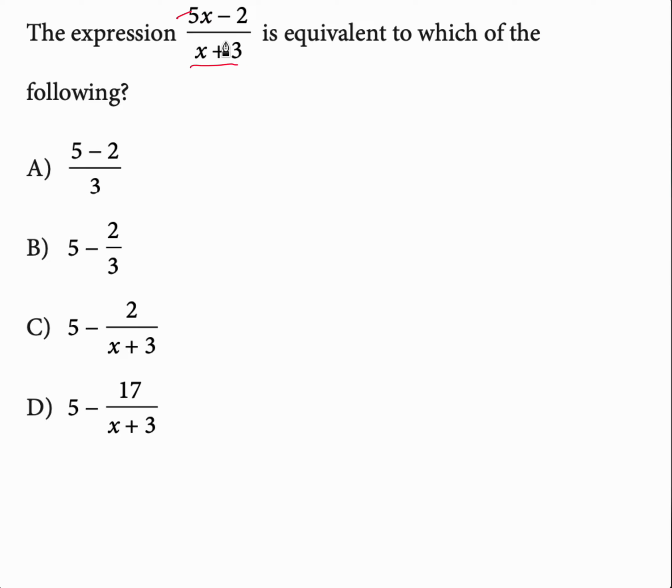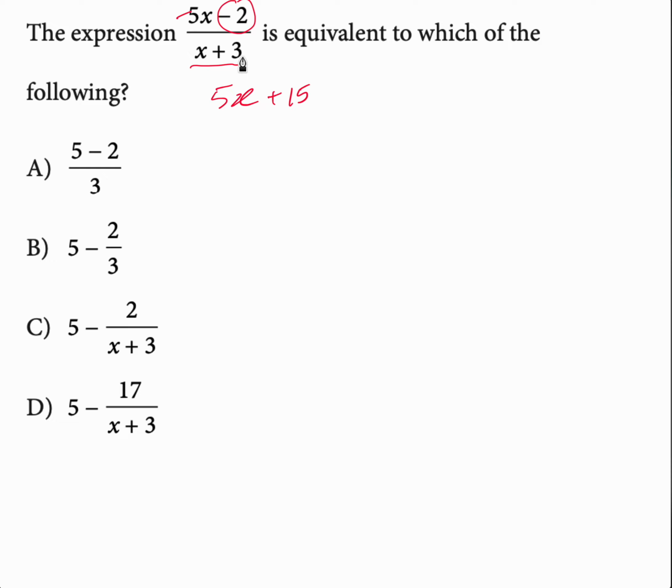So we can rearrange this. We have 5x, and we need to break the negative 2 into two numbers. One of the numbers must be 5 times the constant at the bottom, which is 3. So 5 times 3 is plus 15.